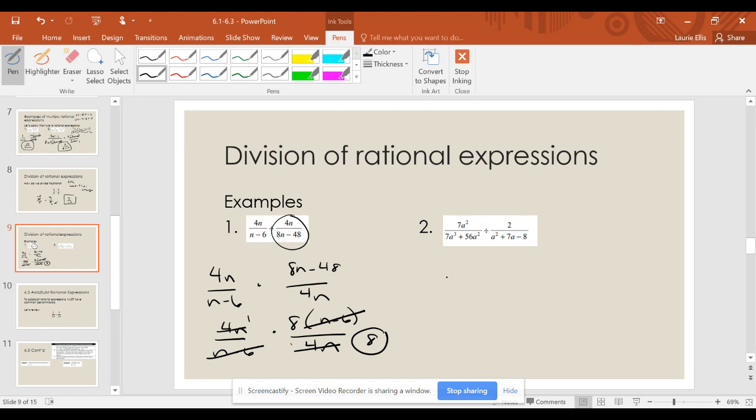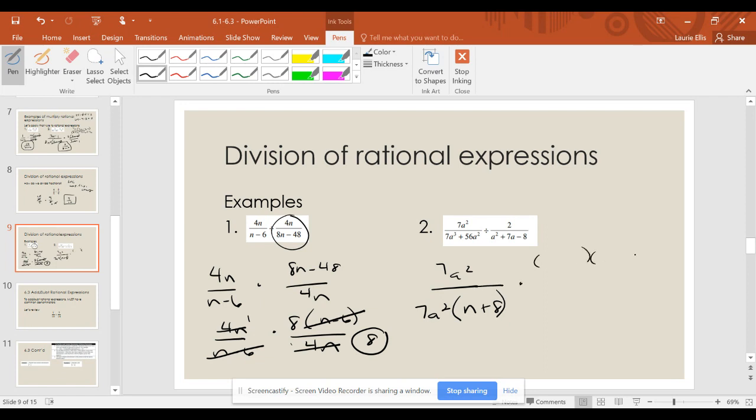Okay, so on to problem number 2. 7a squared over, and the greatest common factor. So I'm about to tell you, so if you want to pause the video and do it on your own, that would be great. Okay. Greatest common factor is 7a squared, and then in parentheses, a plus 8, times.